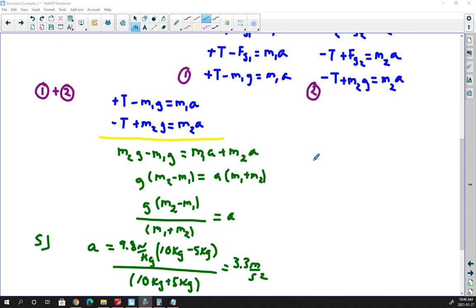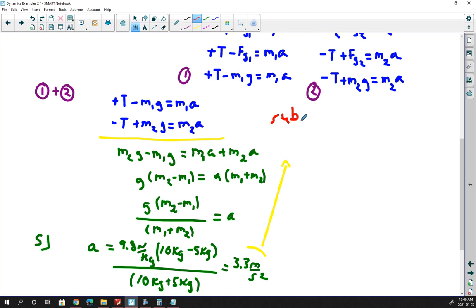So we still have to calculate tension, and that's where you take this newfound information of acceleration, and we're going to substitute it. Oh, let me change color here. That'll be better. We're going to substitute it.